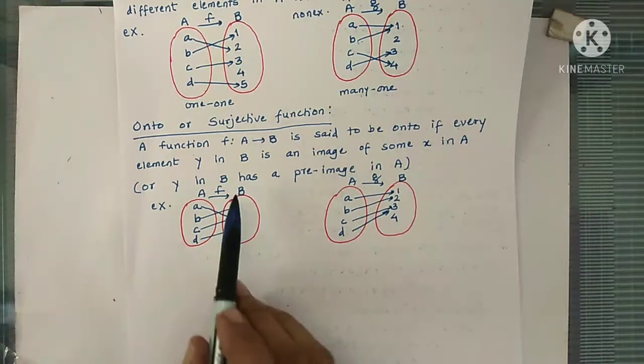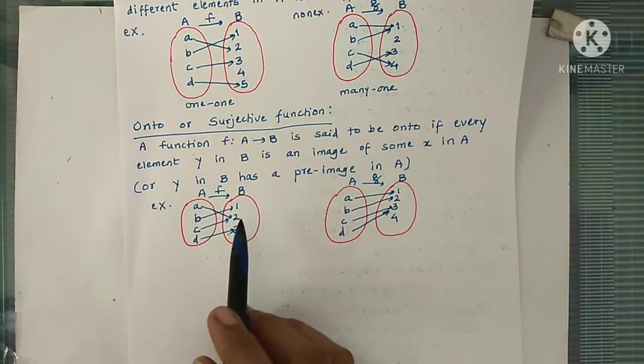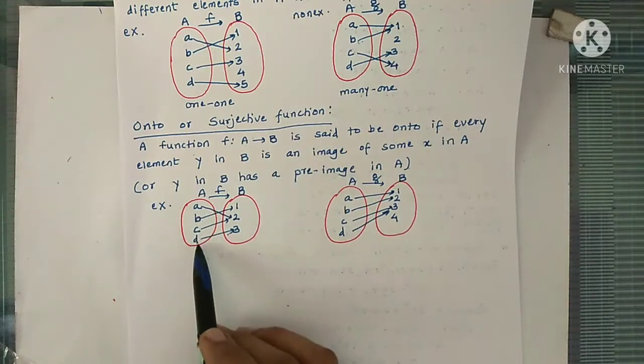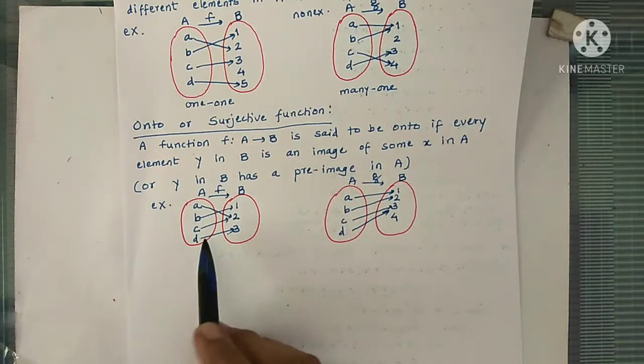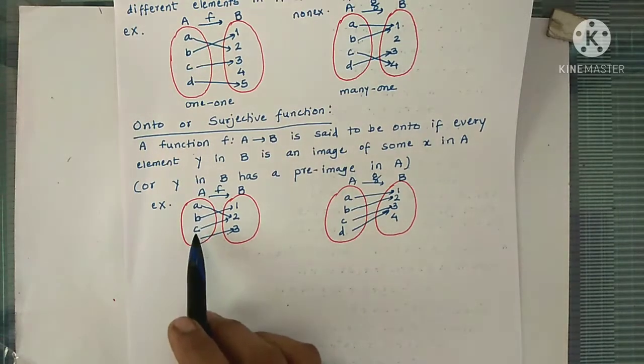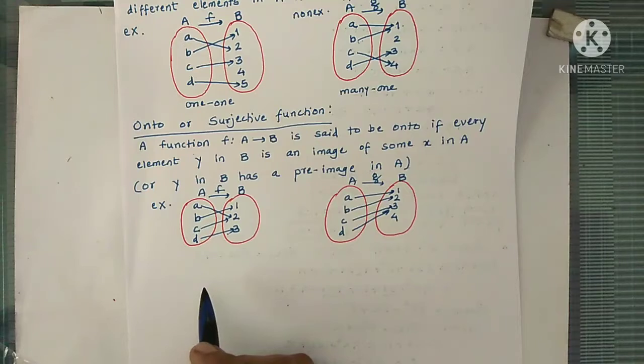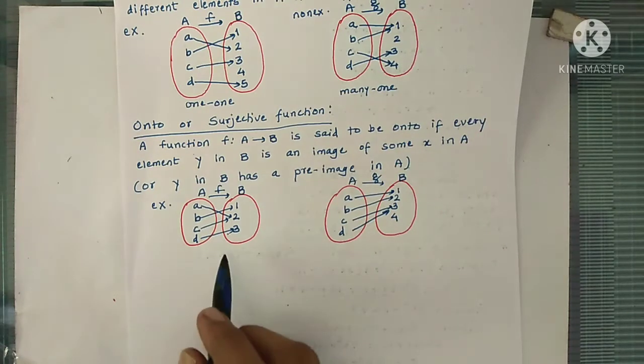So in the first one, f from A to B is a function, as we have an arrow from each element of A, and that arrow is only one arrow. Every element of A is related to one and only one element of set B, therefore it is a function. Similarly for g also.